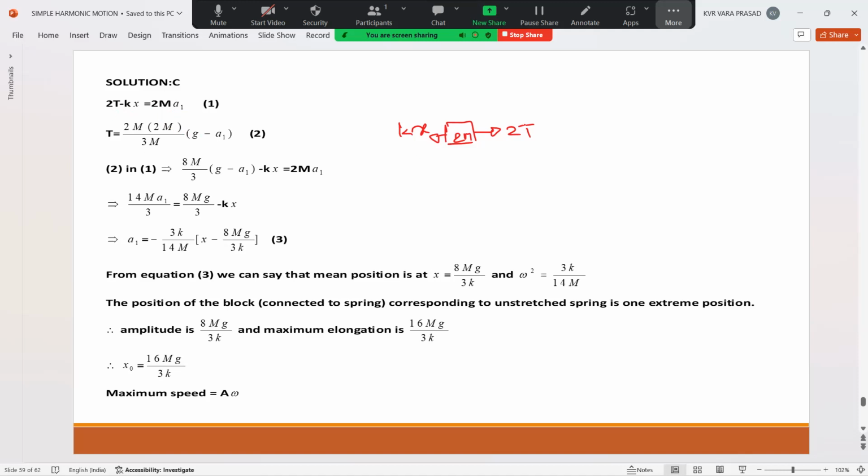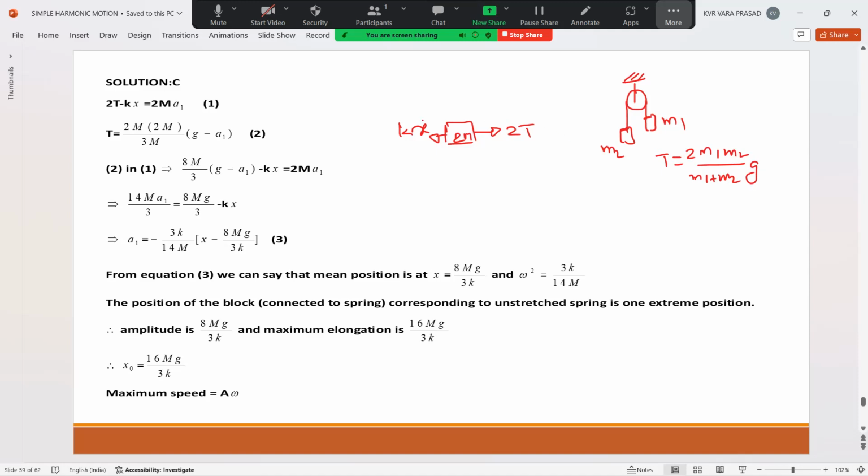In the case of the Atwood machine, if your masses are M1 and M2, tension equal to 2 M1 M2 by M1 plus M2 into g. So I am going to use that result in this one.